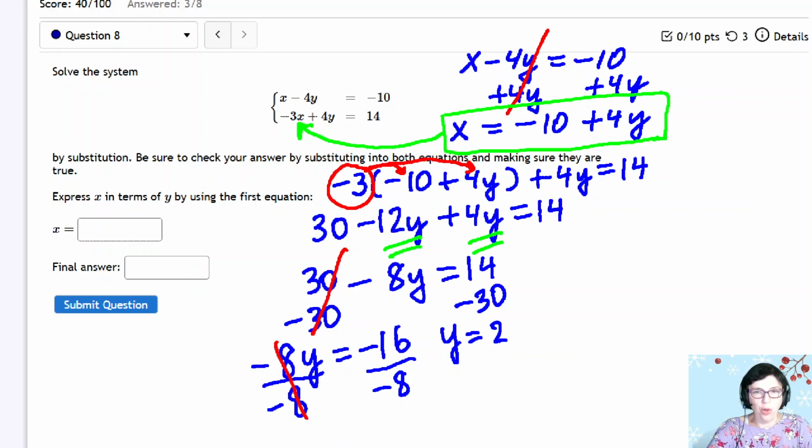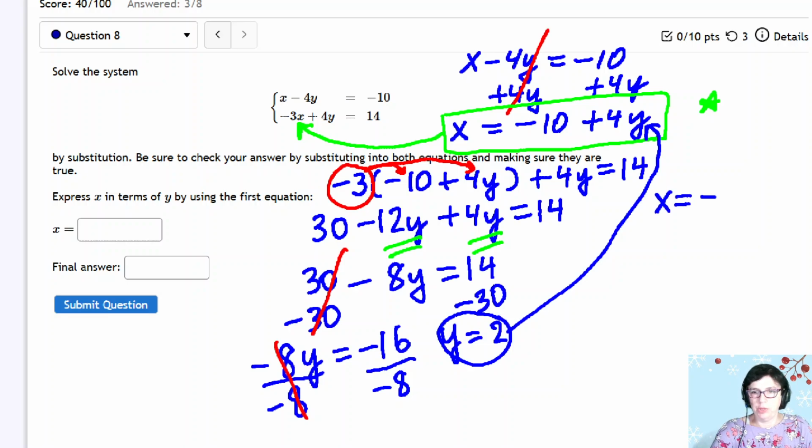But in order to solve, you also have to get the x value. How are you going to get it? Well, you're going to go back to your connection between x and y. And you are going to plug in this value of y into the connection. And that's how you will get x. We will get x equals negative 10 plus 4 multiplied by 2.